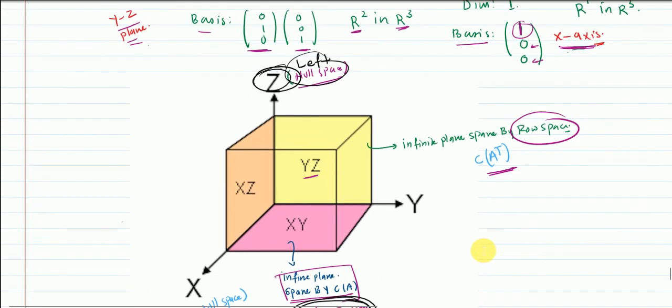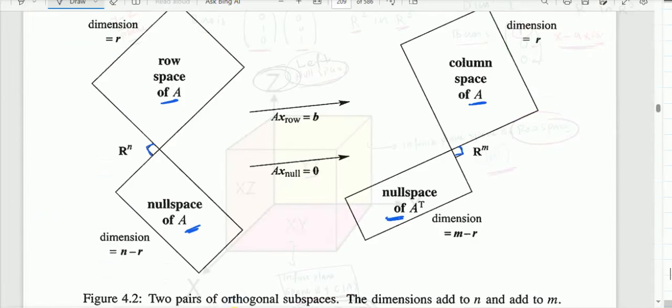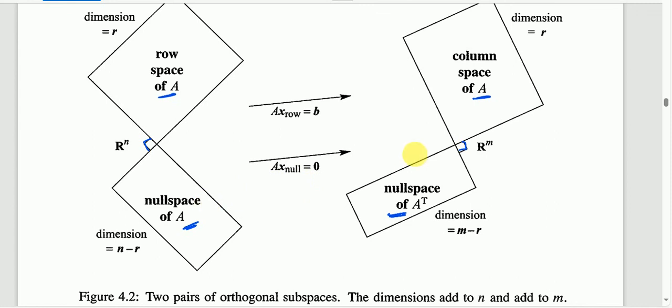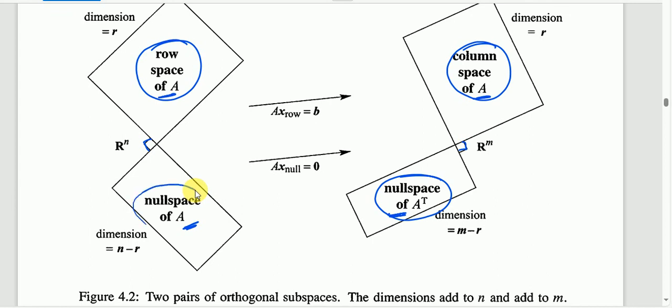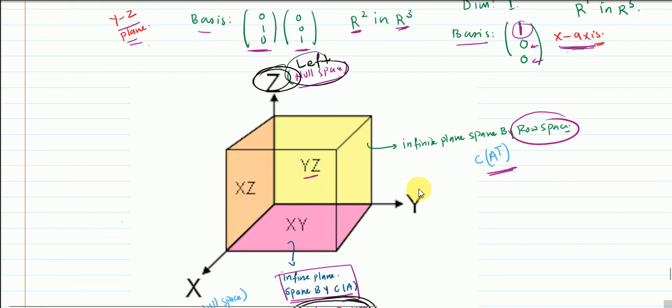Now what does the second statement say? We have seen that the column space is orthogonal to the null space of A transpose, or left null space. Now the row space of A should be orthogonal to the null space of A. The yellow one is our yz plane, and that is our row space, spanned by the bases in the row space.